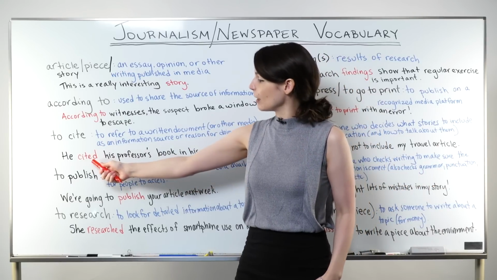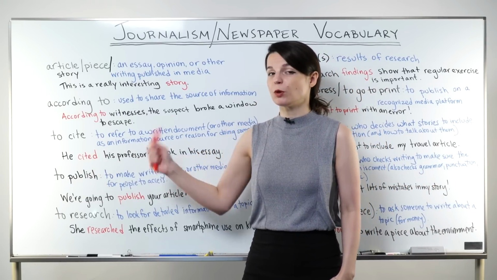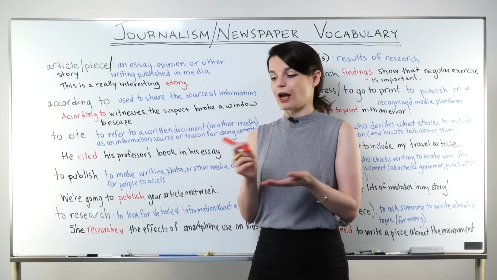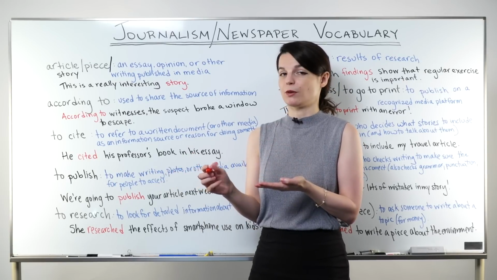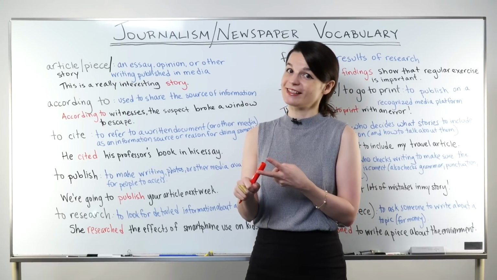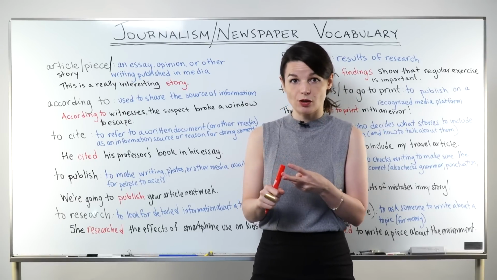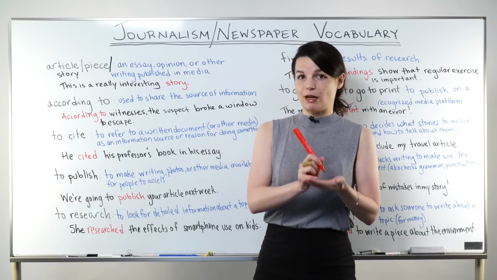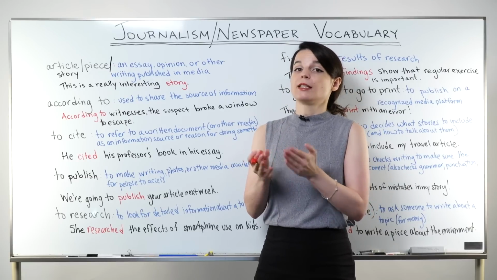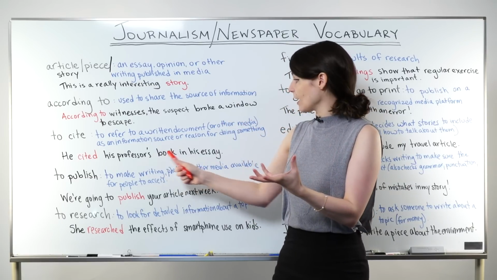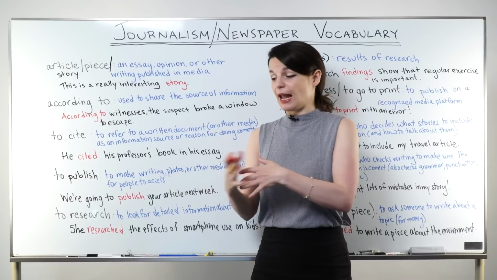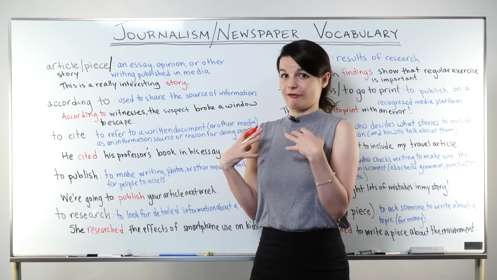So we can talk about other sources. Usually when we use cite, we're talking about written information. So this can be a thesis paper, it can be an essay, it can be a newspaper article. So we cite information, we cite our sources to make our essays, to make our writing clearer and to show where we got our information from.